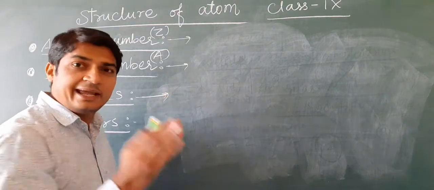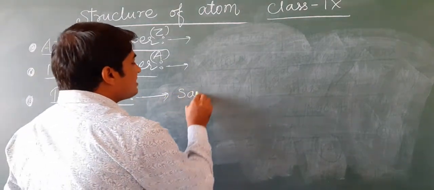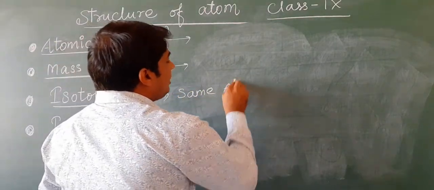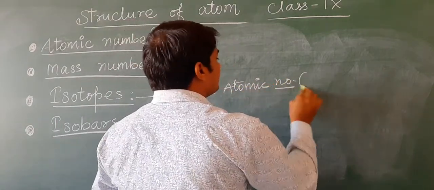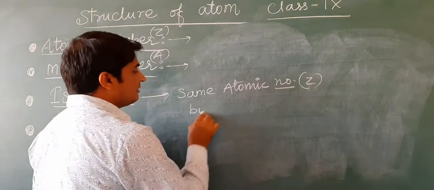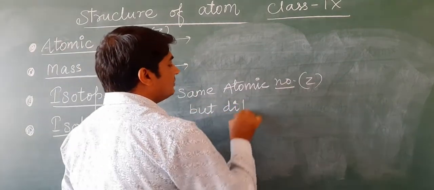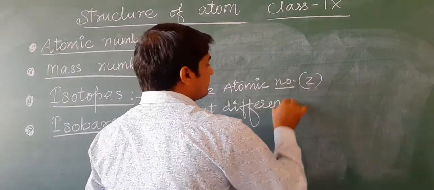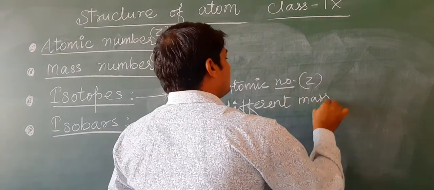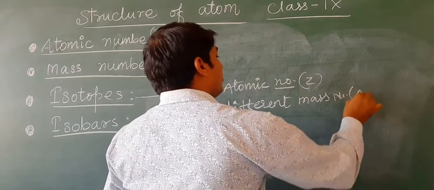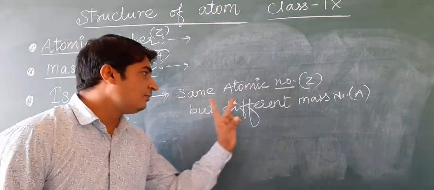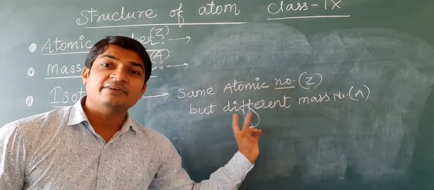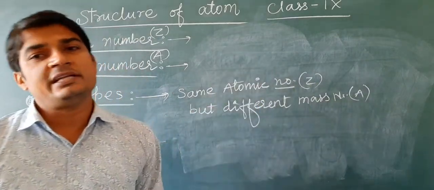Okay, so if the element is the same, it means same atomic number, but different mass number. Atoms of an element which have the same atomic number but different masses are known as isotopes.